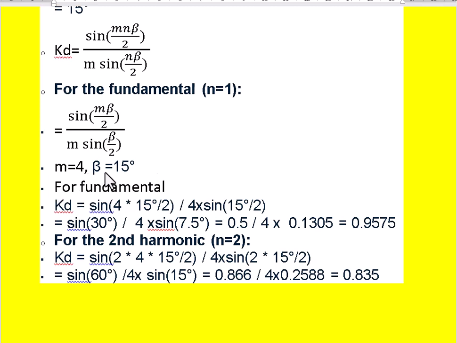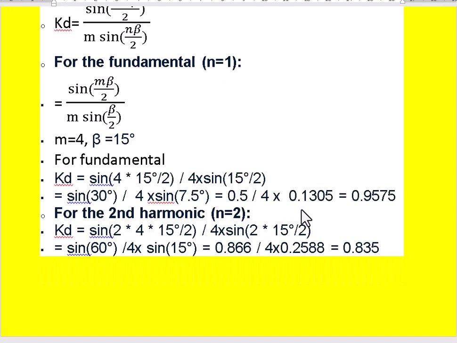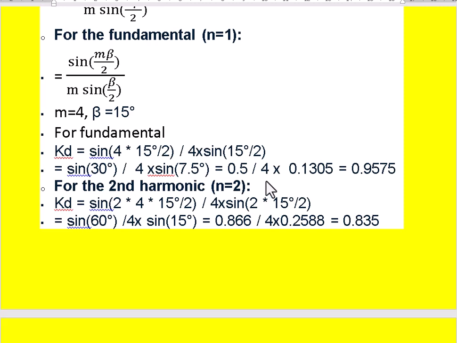Substituting all the values calculated for the given problem, m is equal to 4 and beta is equal to 15 degrees. Then KD will become sine of 4 into 15 degrees by 2 divided by 4 into sine 15 by 2. After simplification we get 0.9575 as the distribution factor.